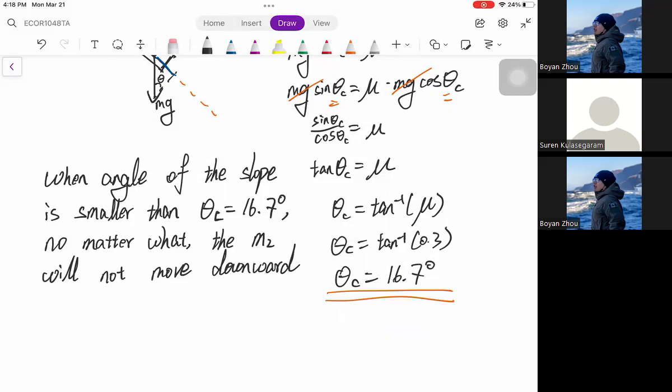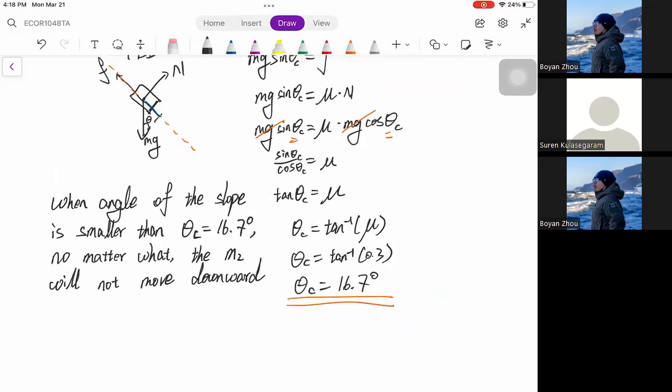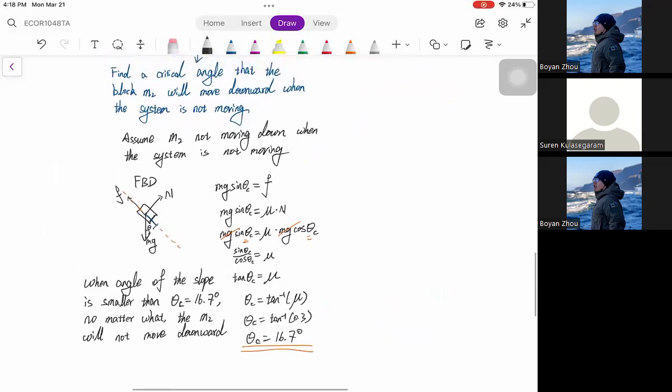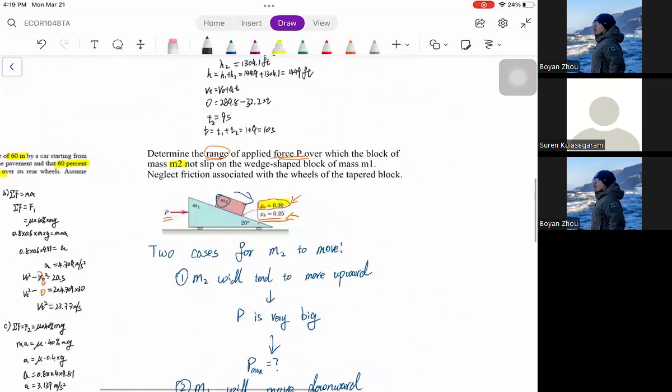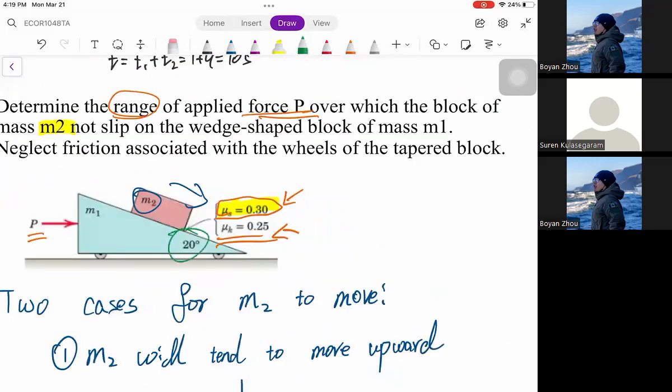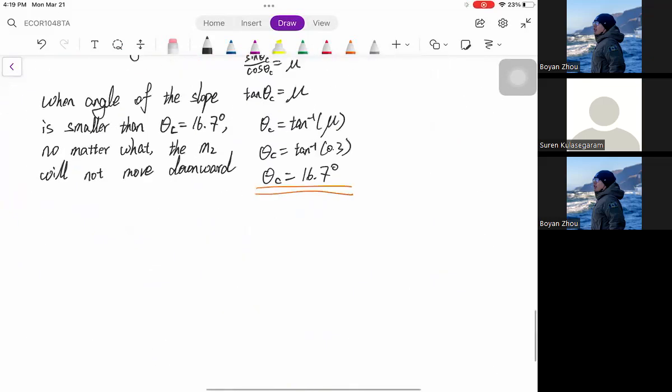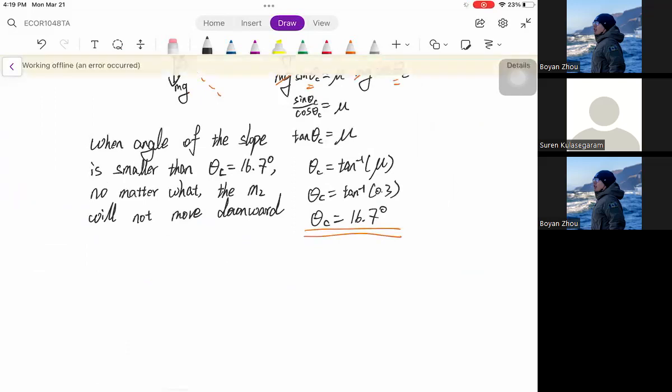So if our angle is smaller than 16.7, we can just say P minimum is equal to 0. But in our question, the angle is 20 degrees, which is bigger than our critical angle of 16.7 degrees.